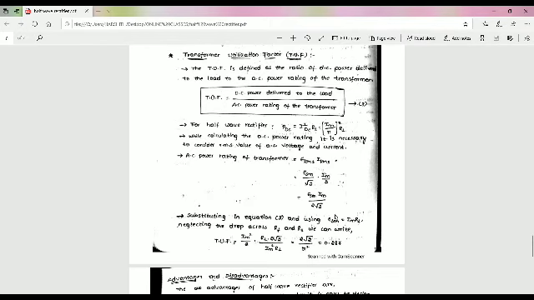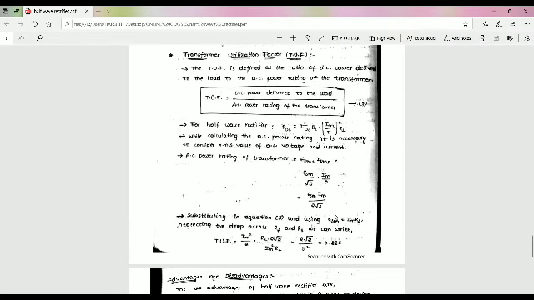The value of TUF is low, which shows that in the half-wave rectifier circuit, the transformer is not fully utilized. Only TUF value is 0.287. And next one, voltage regulation.